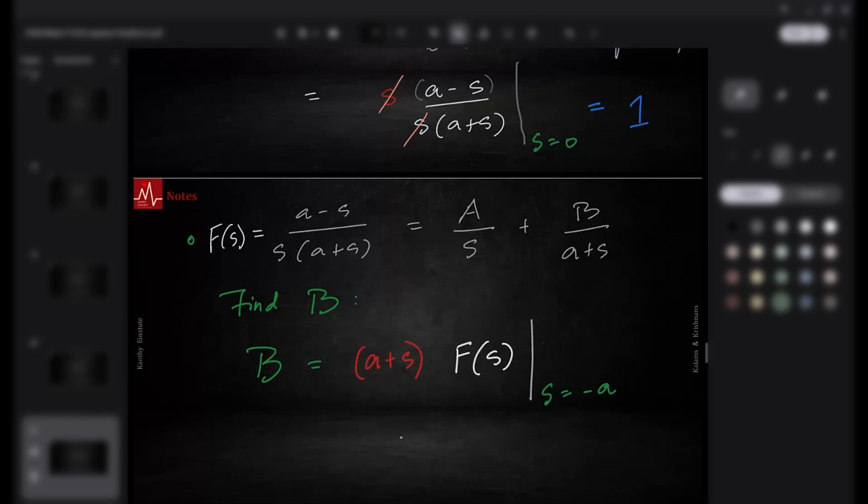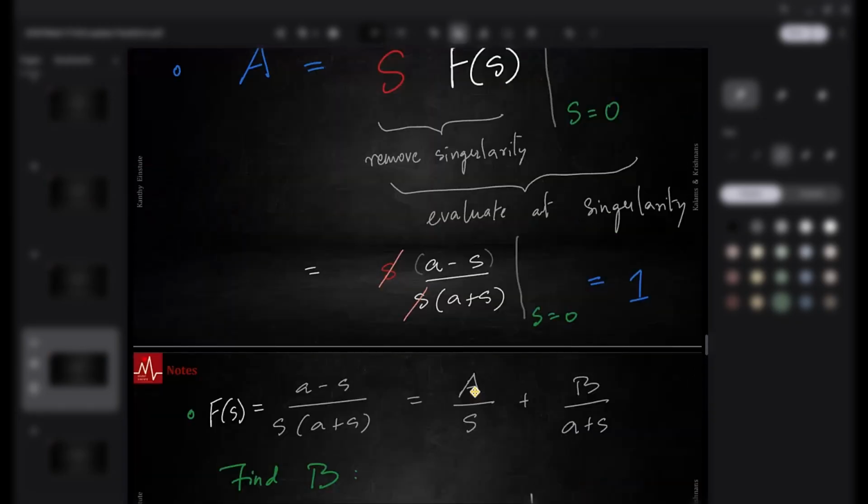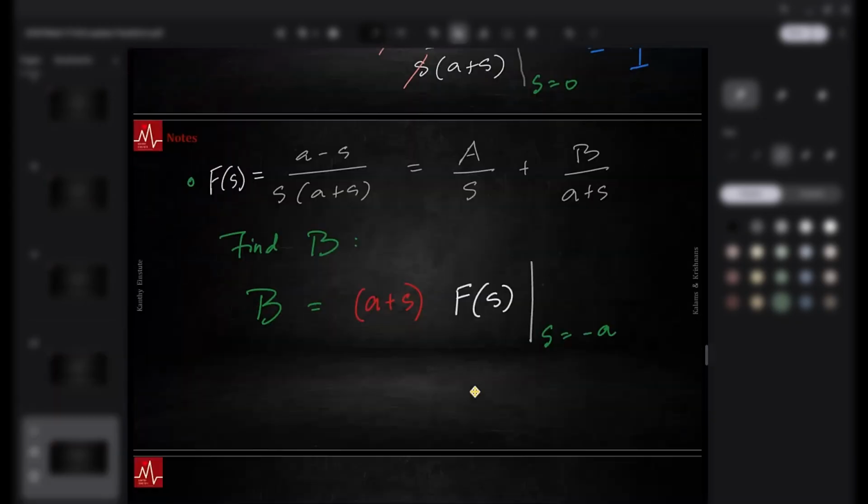A is 1 by A. Is it? That is S is 0. Let me see.